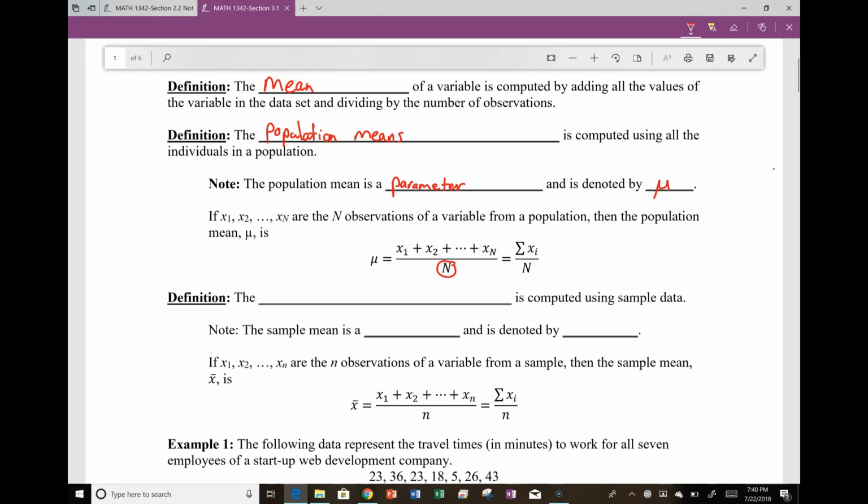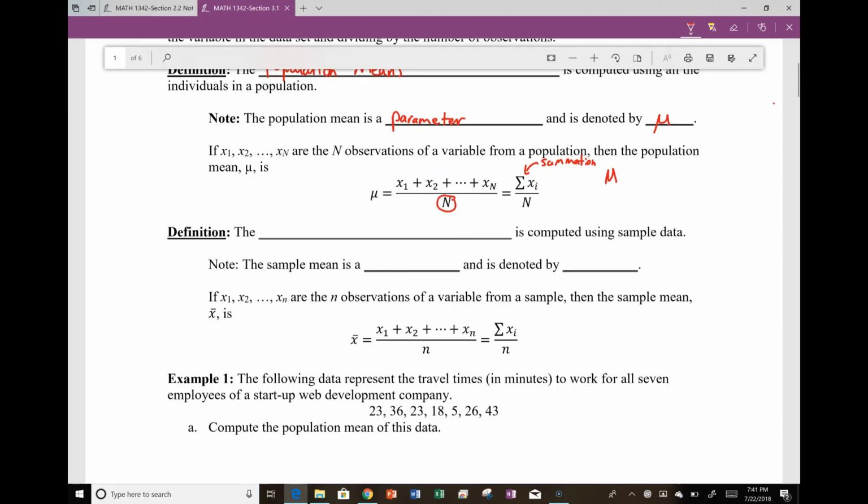So population mean, mu, is equal to adding all the values up. This right here is a capital sigma. We will use capital and lowercase Greek letters. The sigma just signifies summation. Means to add it all up. We're adding up all of the x values and we're dividing by the population size.